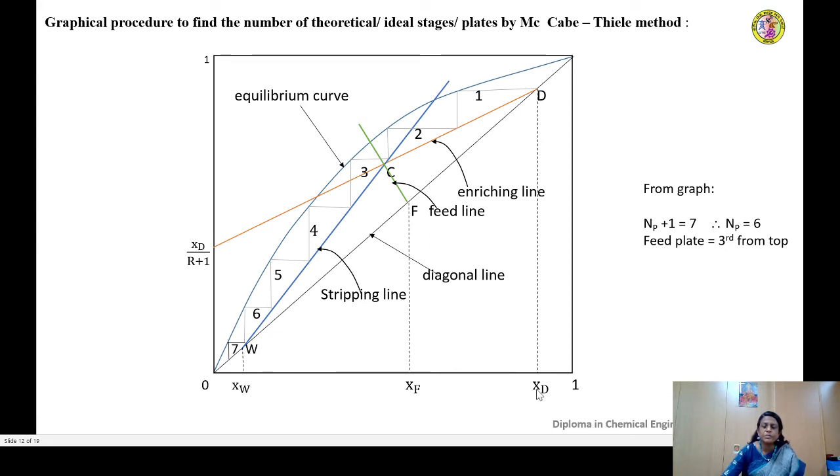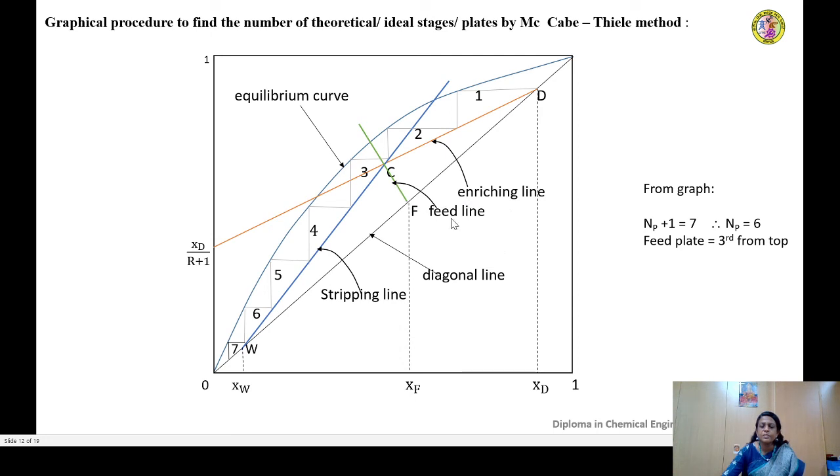Corresponding to these three values, we have located 3 points D, F and W. From D, draw a straight line with the slope XD by R plus 1. If you know the reflux ratio for a particular distillation operation, you can calculate XD by R plus 1. Mark that value on the y-axis and join that point to point D. That completes the construction of the enriching line.